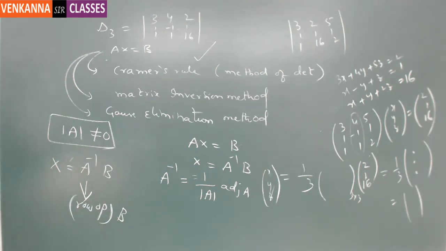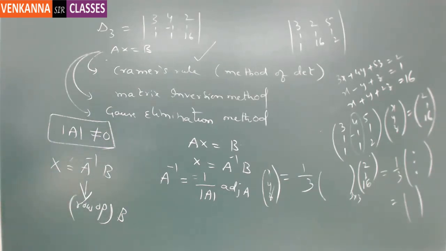So for the matrix inversion method, in the calculation of A inverse, two things are there. But some others say that without applying row operations, A inverse is nothing but adjoint of A by det A. So for the Gauss-Jordan method, in order to get A inverse, we apply row operations only. But many of the students follow that A inverse is nothing but adjoint A by det A. We follow that and we will solve, and marks will be awarded accordingly.